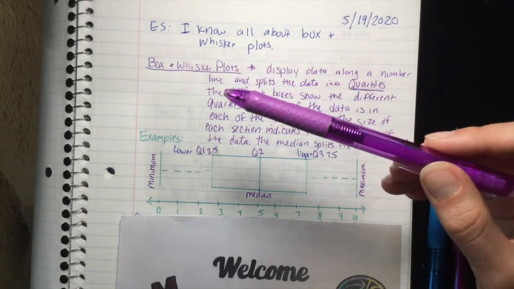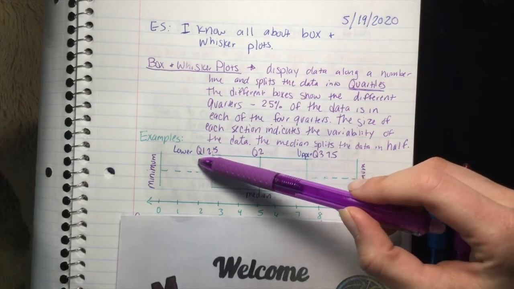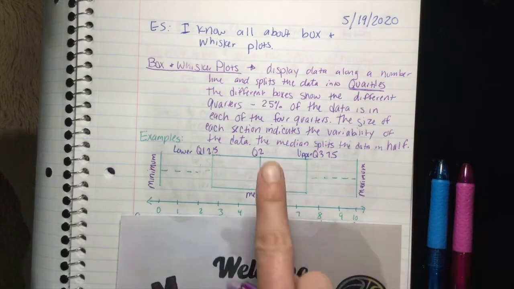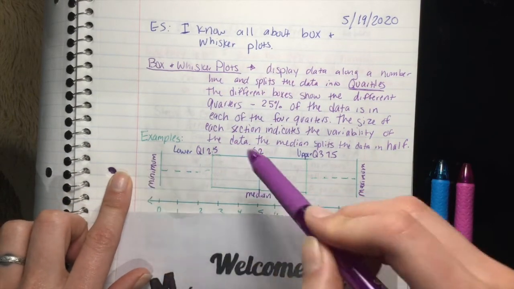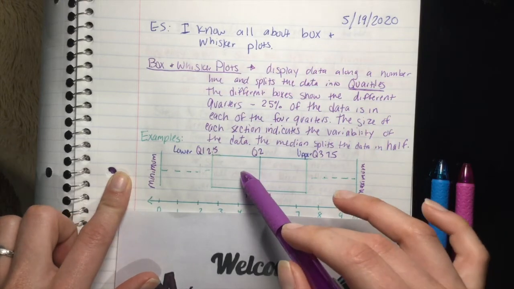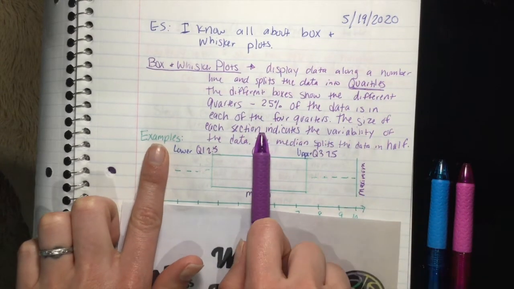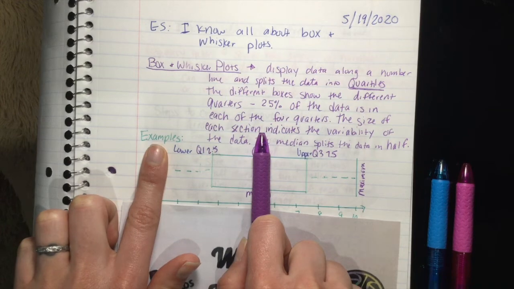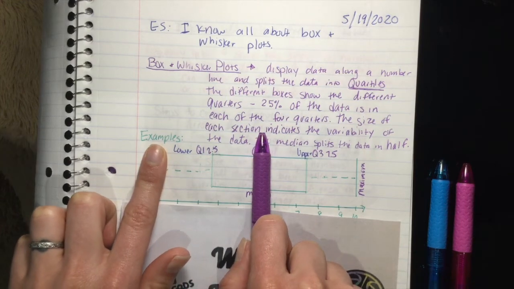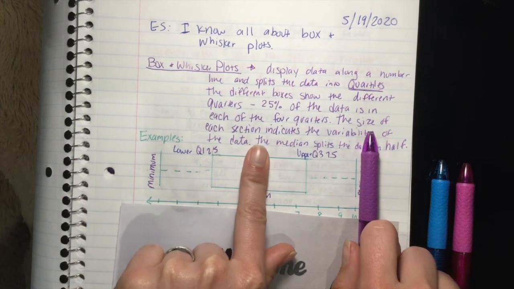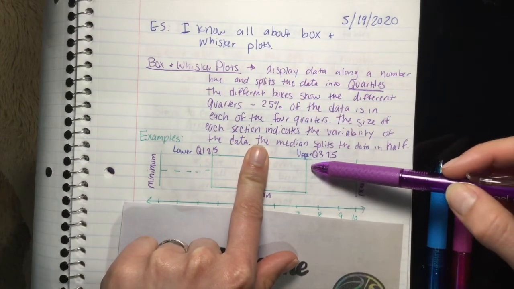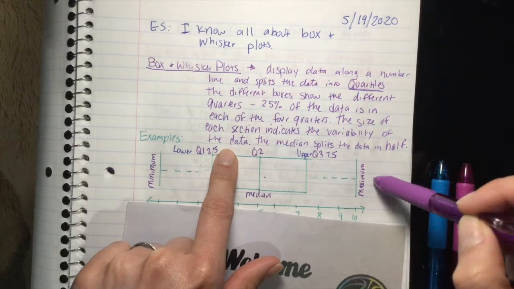And in order to find the first quartile, we find the median of the first half. So we look at the minimum and the median, and we find the median of just this set of data. All right, and then for the upper quartile, we look at the maximum and the median and find the median of this set of data.